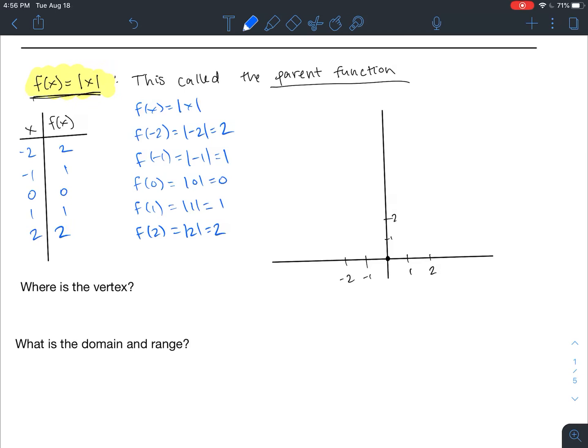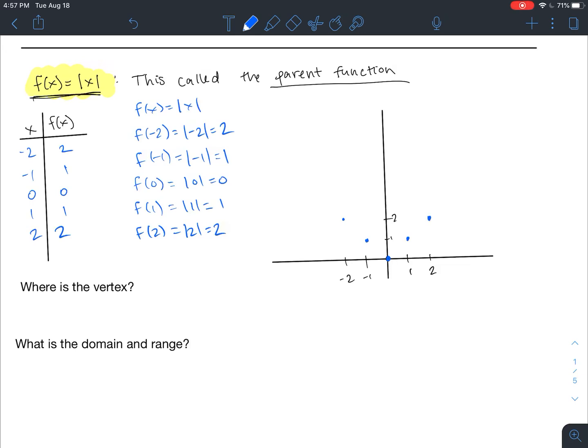So at negative 2, our y is 2 right there. At negative 1, our y is 1. When x is 0, y is 0. When x is 1, y is 1. When x is 2, y is 2.